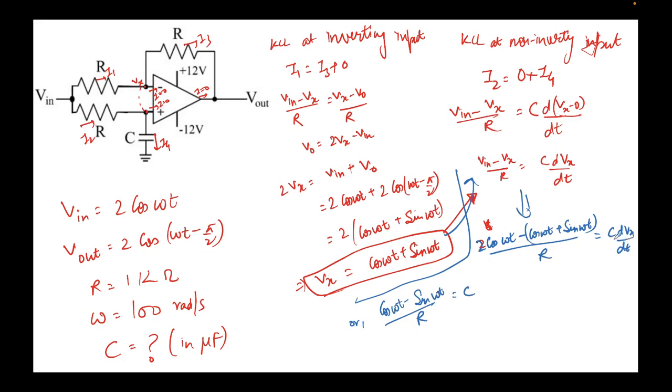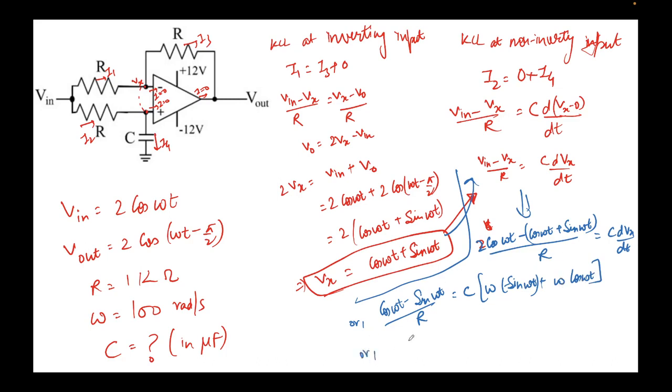When we differentiate Vx, the differential of cos is minus sin, so we get minus sin omega t. The differential of sin is cos, plus omega cos omega t. This is what we'll get.